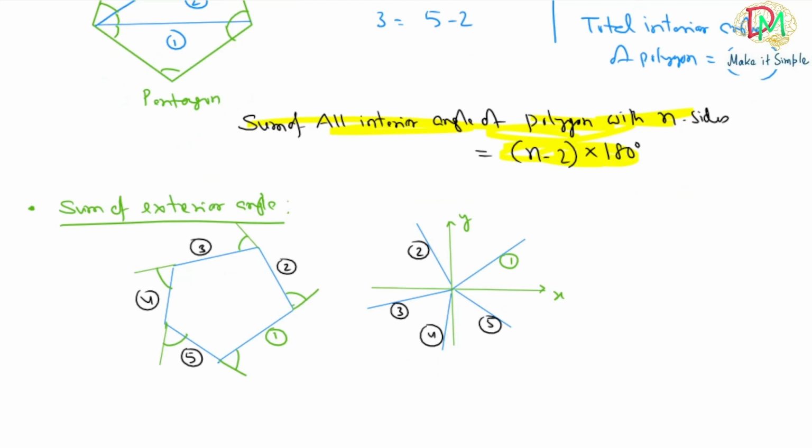Let's consider this irregular pentagon as a polygon. So these are the exterior angles. How can we find out the sum of these exterior angles? Between side 5 and 1, what is the exterior angle?